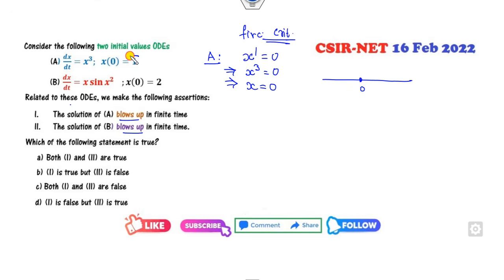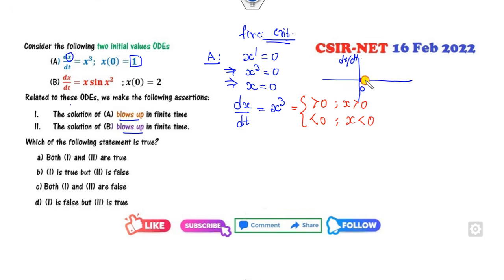Then look at this value. What is the value of dx by dt at 1? This is my x cube. So it will be greater than 0 if x is positive and less than 0 if x is negative.